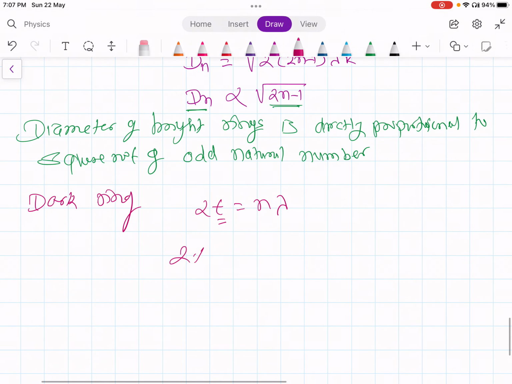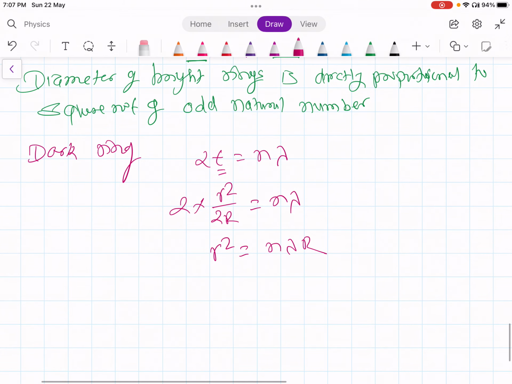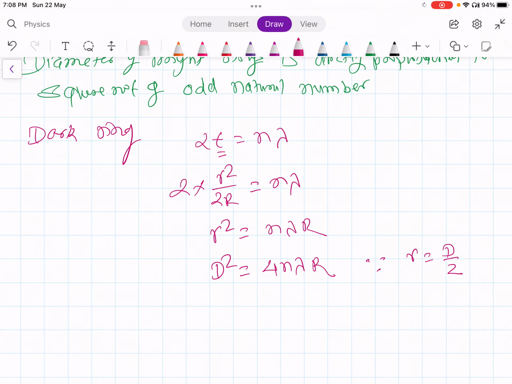So 2 into r square upon 2R is equal to n lambda, or r square is equal to n lambda R, or D square is equal to 4n lambda R, since r is equal to D by 2, diameter half.